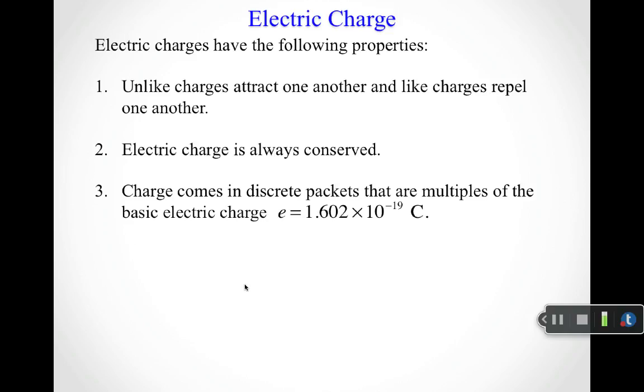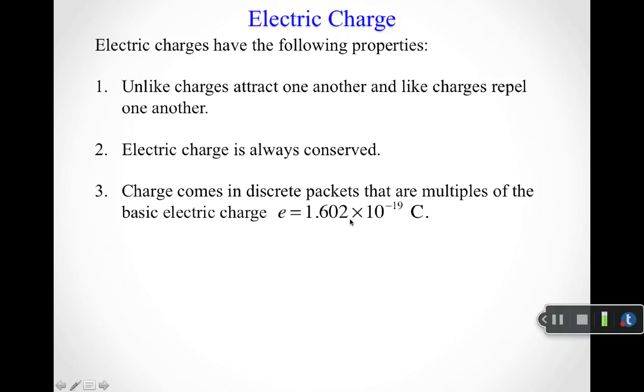And then charge also comes in discrete packets. Now, if you're talking about a large amount of charge, when we talk about 1 coulomb, capital C here is our unit for charge, 1 coulomb is a tremendous amount of charge. And so we wouldn't, as a general rule, talk about 1 coulomb in terms of the number of electrons, but the fundamental unit of charge happens to have this value.